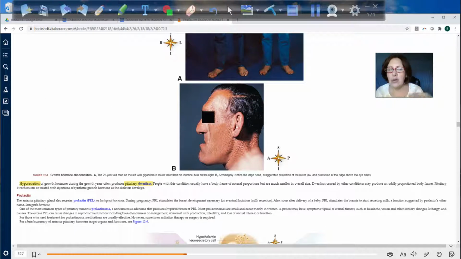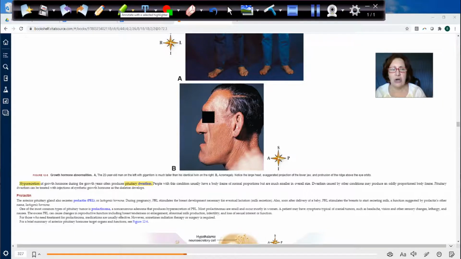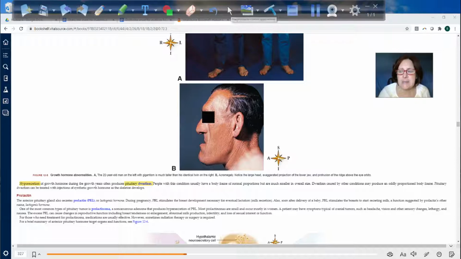That growth hormone typically is not going to hit your extremities. It's going to hit your jaw, your nose, your hands, your feet, but usually not your arms and legs. This is a very strange disease with the extra growth hormone and how it can affect you.